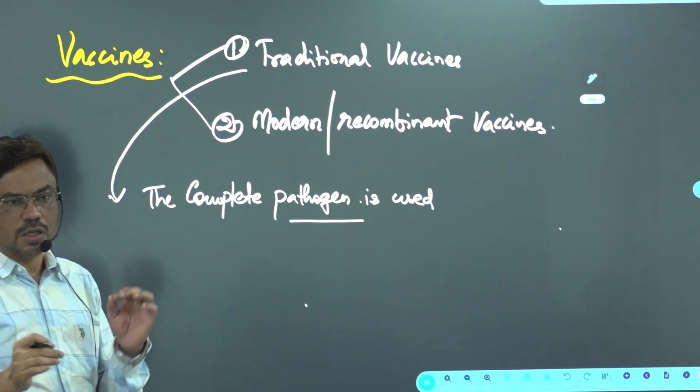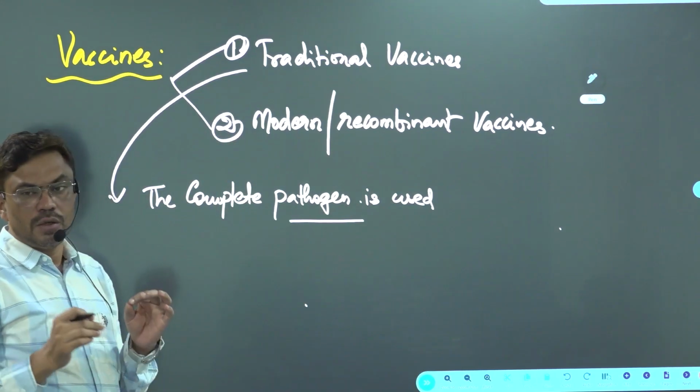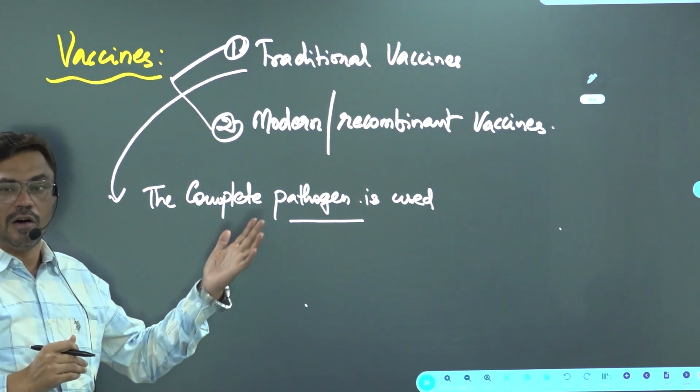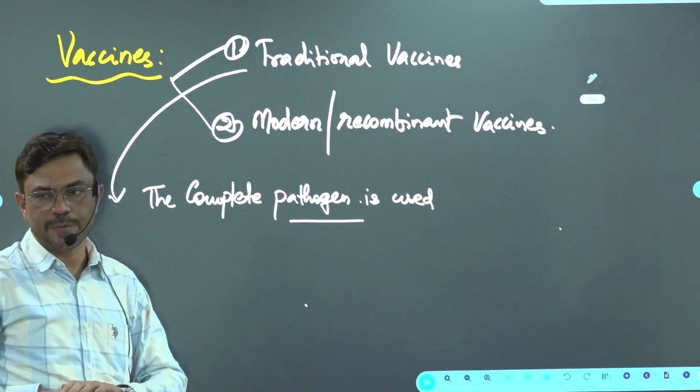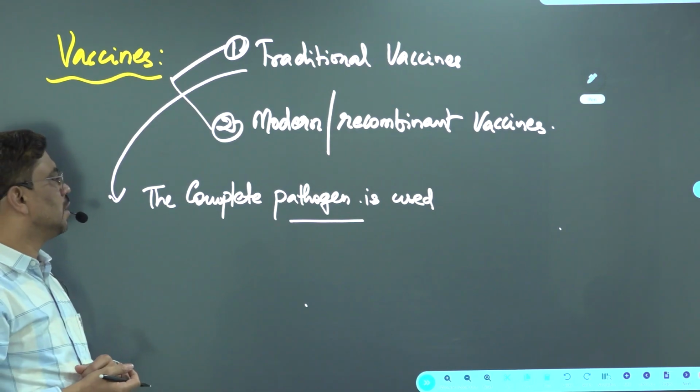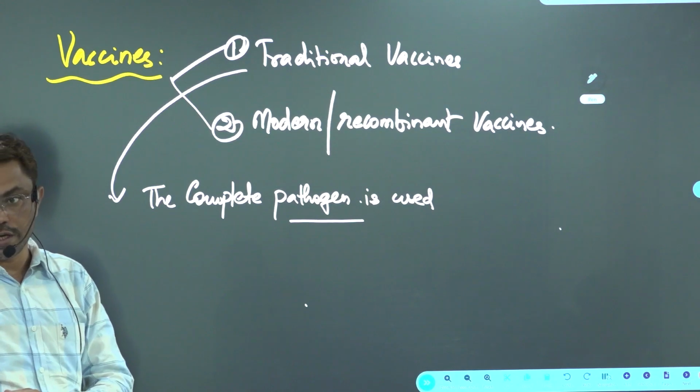In vaccine preparation, the pathogens which are responsible for the diseases can be inactivated or heat killed, and those can be used as vaccines. The complete pathogen is used here.